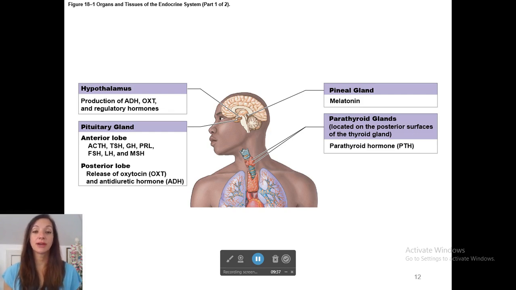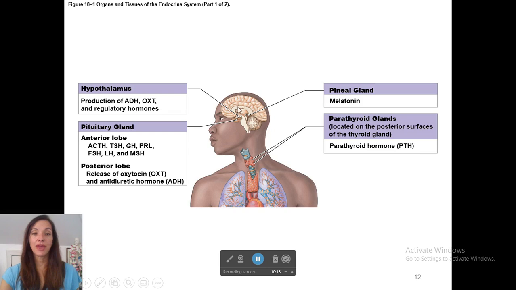So this is a very important diagram that I want you to pay attention to and really study. Where are the endocrine organs and what hormones are they releasing? And then we're going to add to that eventually, and we're going to add what's the effect of those hormones on the body. So those are the three important parts here within this section of the endocrine system.